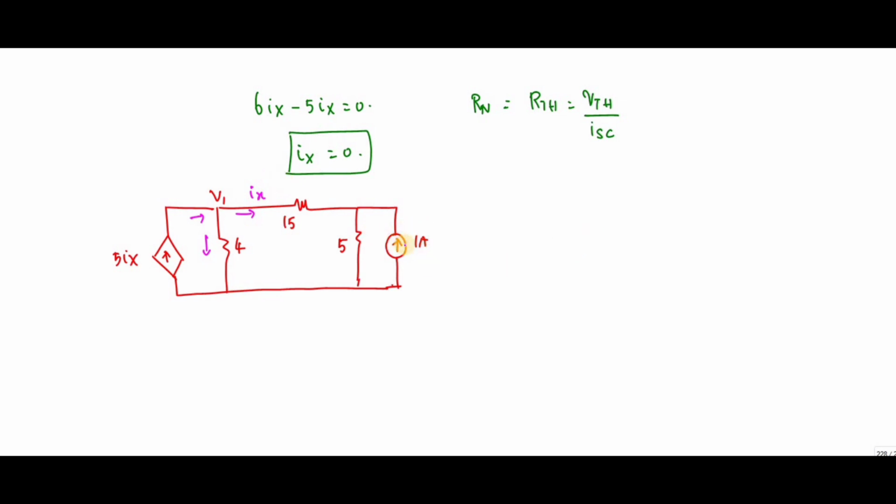Now this is ix, and this is also ix. So V1 by 4 plus ix is equal to 5ix. So I can write V1 by 4 is equal to 4ix, so V1 is equal to 16ix.